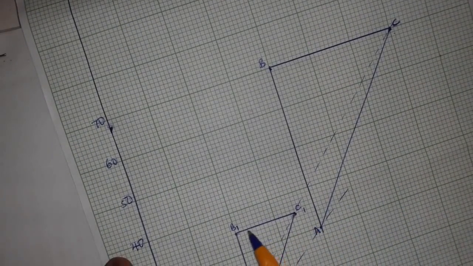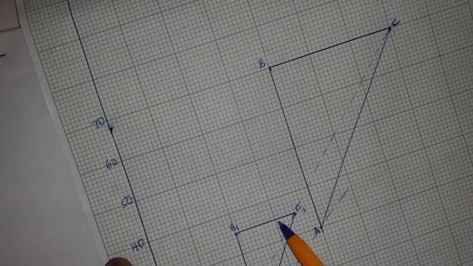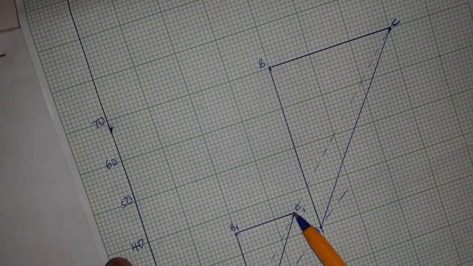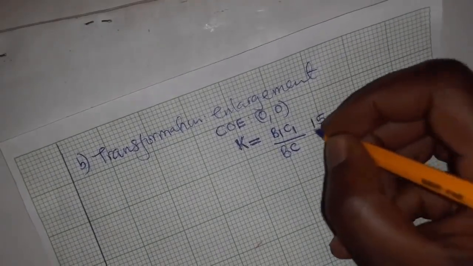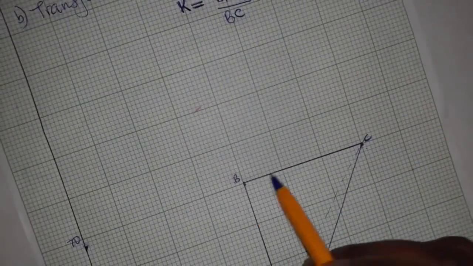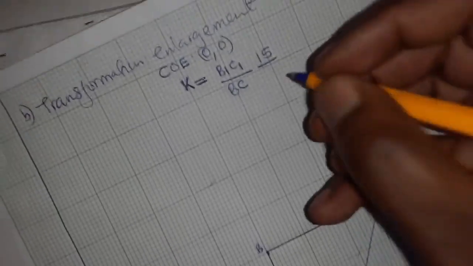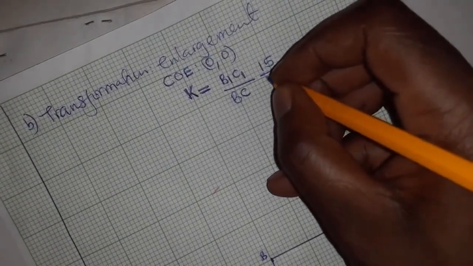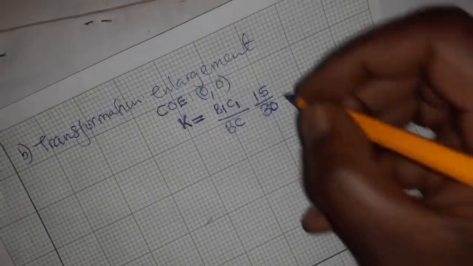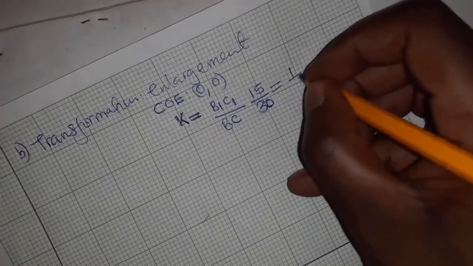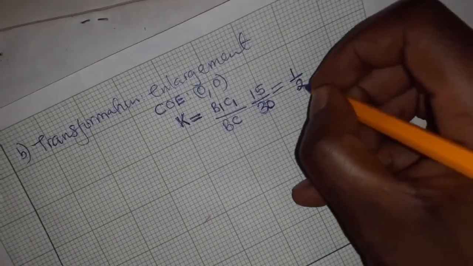Using the measurements we have here, this length is 10, 10, 15, and this is 10, 10, 10, which is 30. When we simplify this, what do we get? 1 over 2.